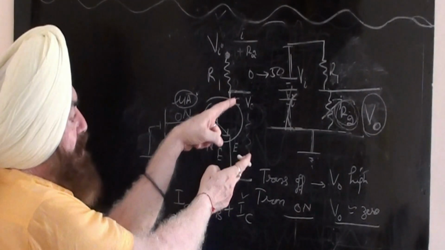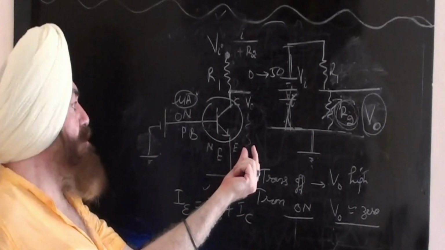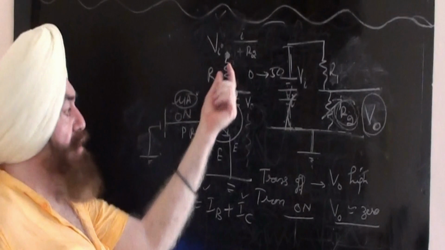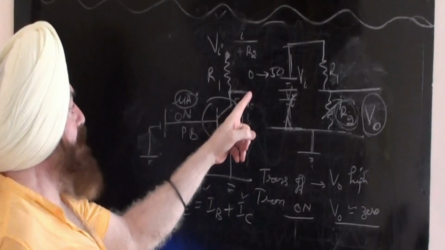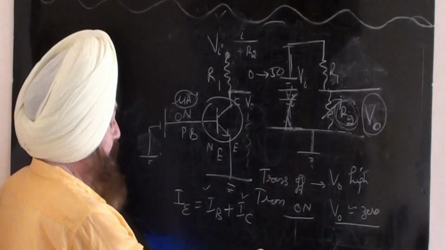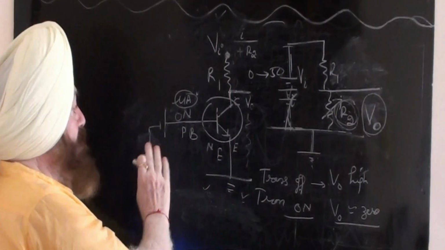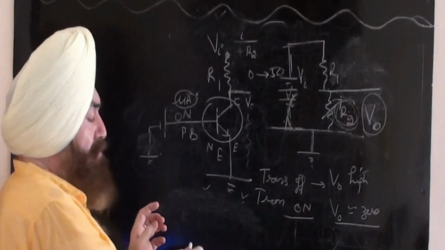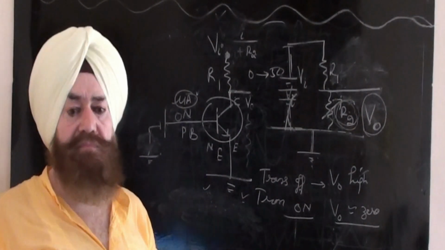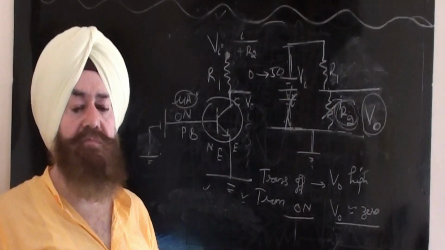And there is some resistance here, collector to ammeter, and suppose that resistance equals R1. Then here the voltage comes out equal to half of this voltage. So that is my reference level, because without any signal, I'm getting some voltage.